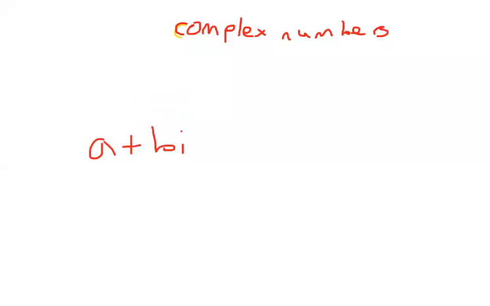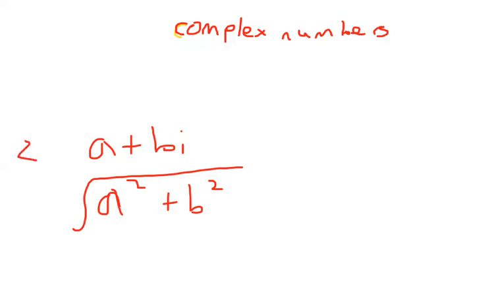And the modulus is a squared plus b squared, rooted. Do you understand that? Yeah, that makes sense. So if z equals a plus ib, then modulus z equals that. Okay, the parts are good.